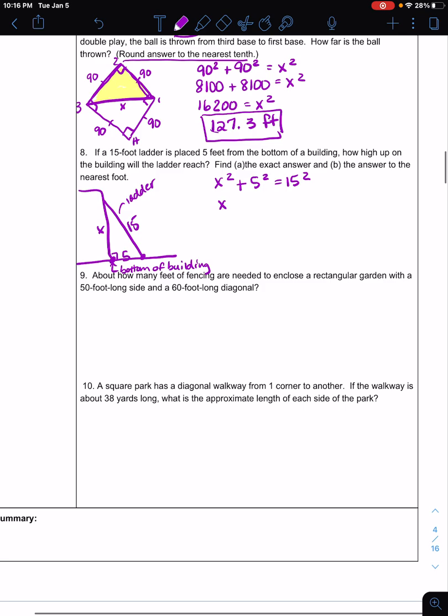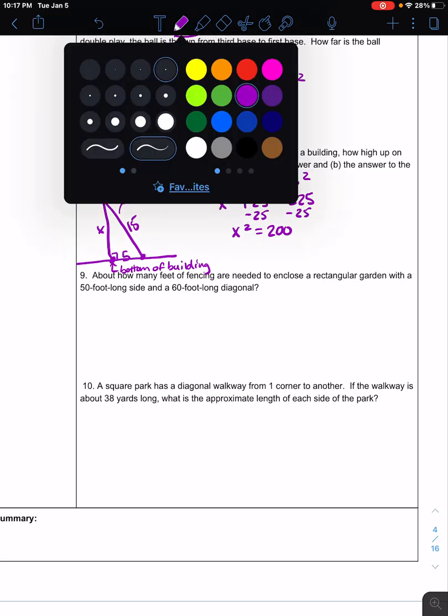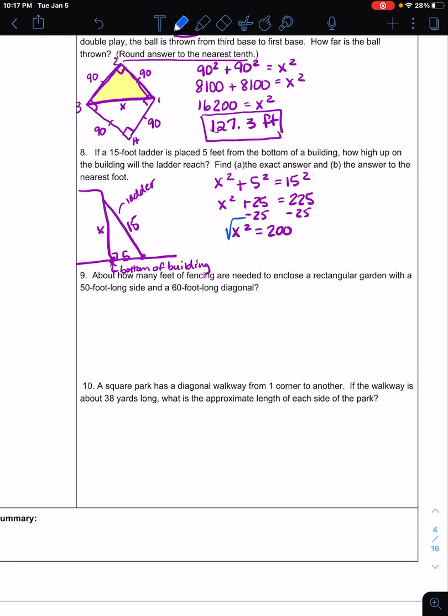So I have x squared plus 25 is equal to 225. Now, since those numbers are on different sides of the equal sign, we're going to subtract 25 from both sides. We get x squared is equal to 200. Take the square root of both sides, because we want x, not x squared.